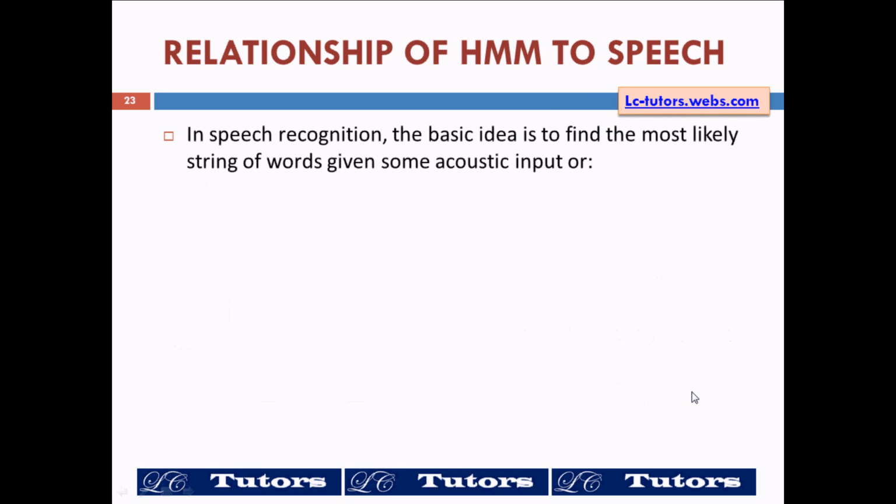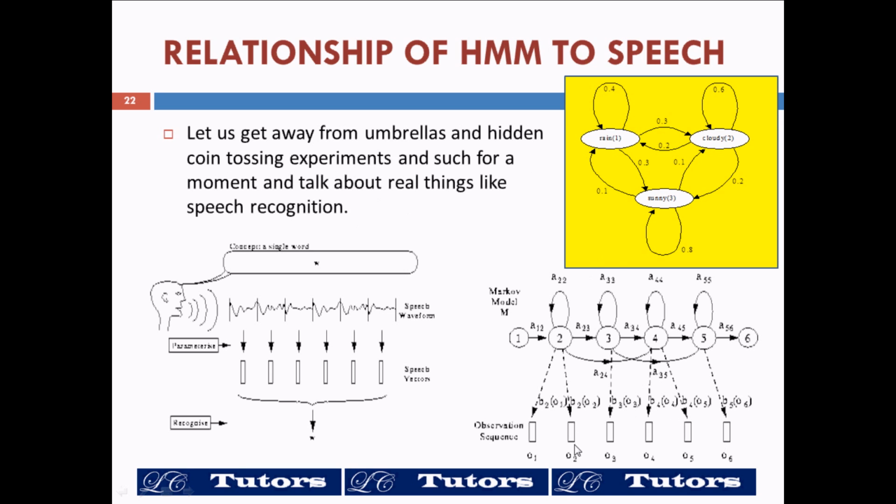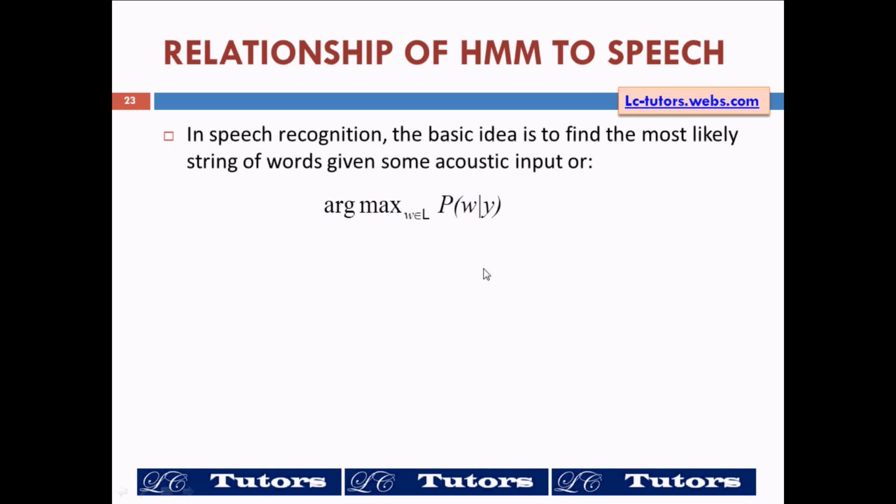Basically what we do here is that in speech recognition the basic idea is to find the most likely string of words given some acoustic input. That means what we see is this acoustic input vector. So using those acoustic input vectors we predict the words. So we need to maximize the probability, this conditional argument maximization, of a certain string of words in a certain language.